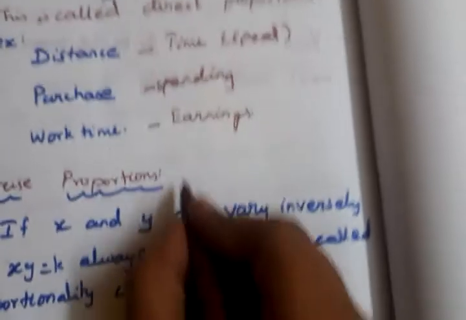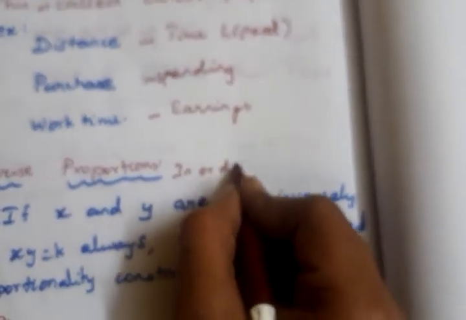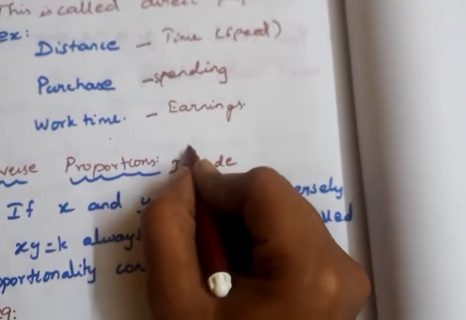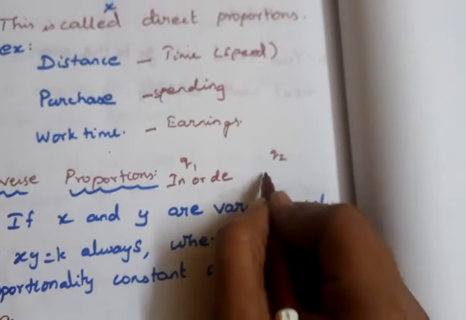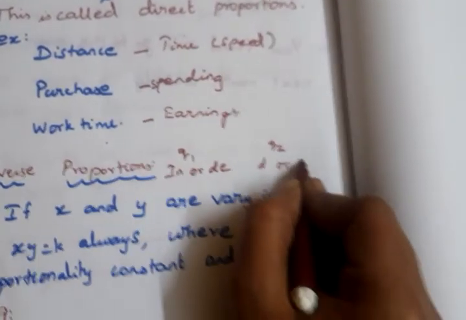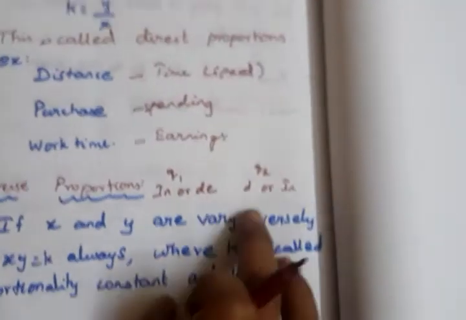So for example, inverse proportion: first quantity increases and second quantity decreases, or decreases and increases, that is called an inverse proportion.